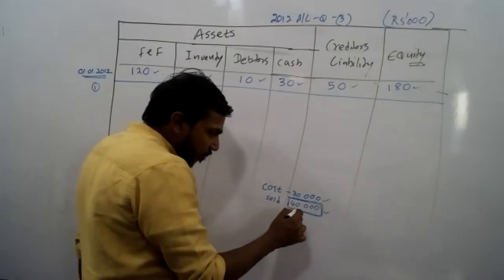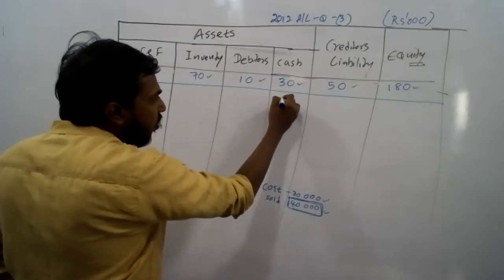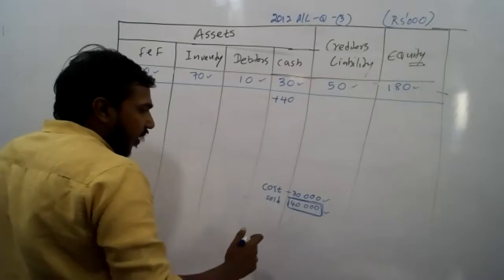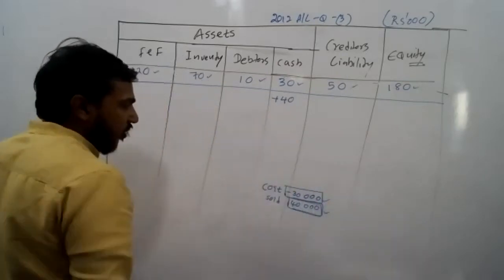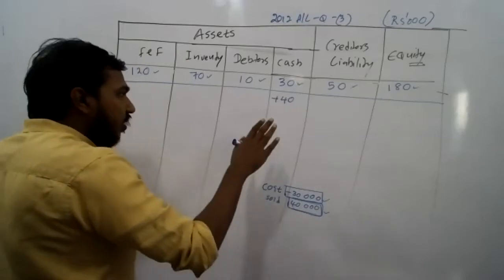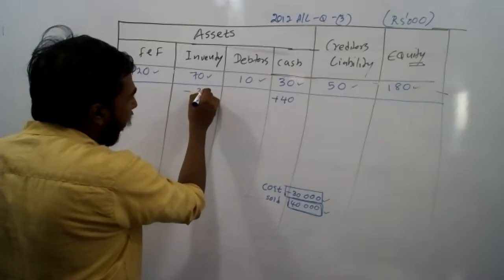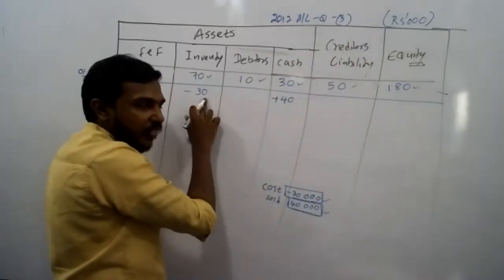Now you get a cash amount of 40,000. So here, your cash would be increased by 40 because you collect 40,000 rupees. Then the stock, inventory decreased by how much? 30,000. I put 30 because it's in thousands, so subtract that.